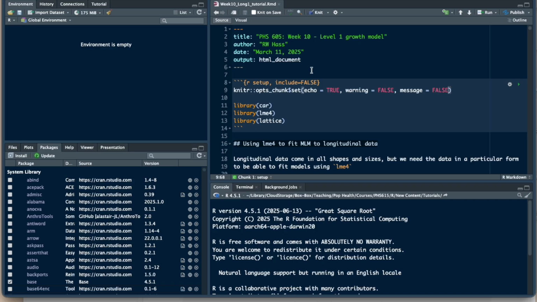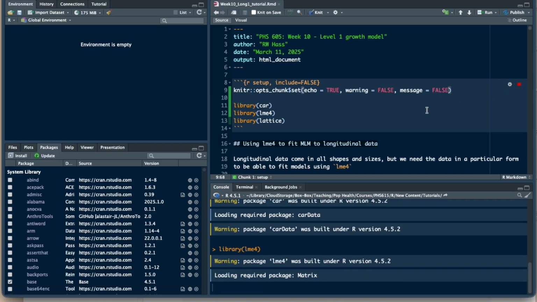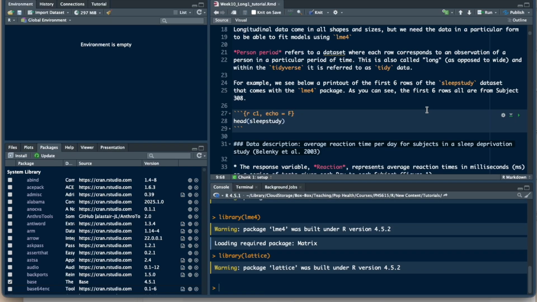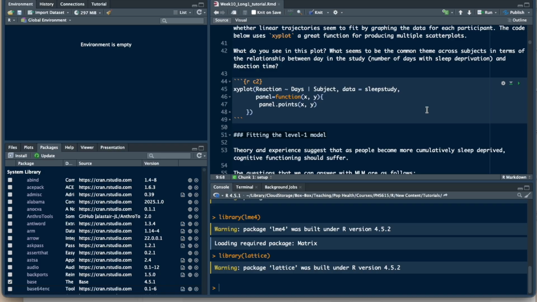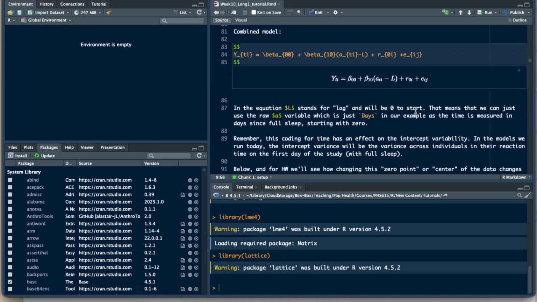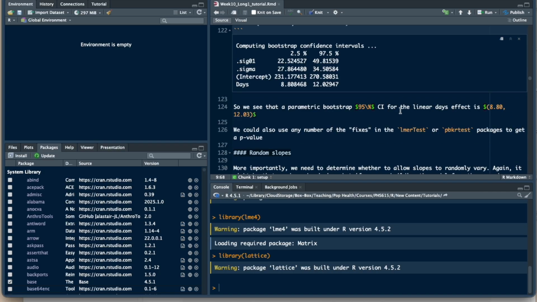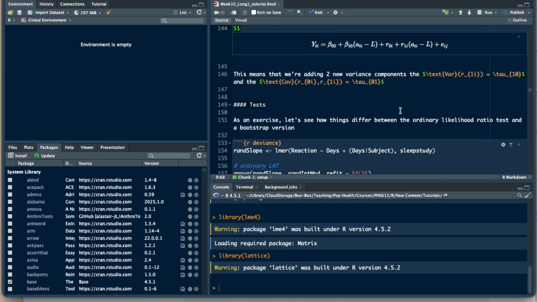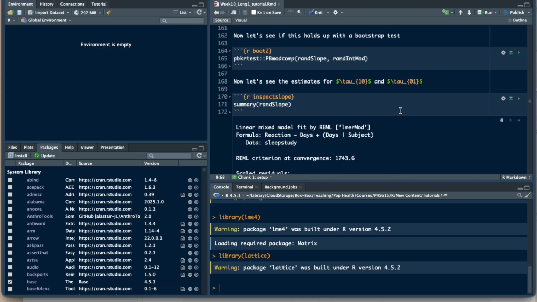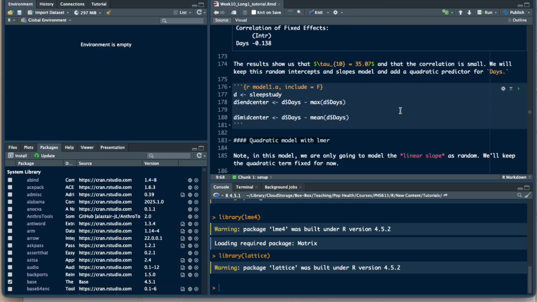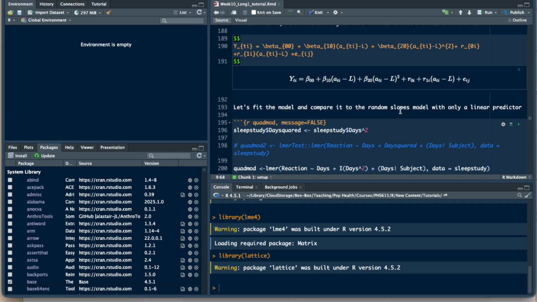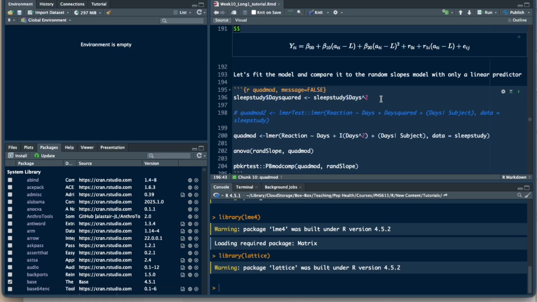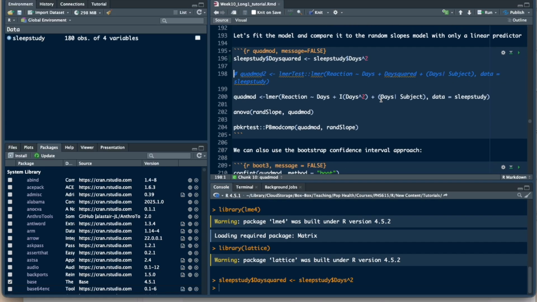So just to show you what that might look like, I'll load all the data. All the way down here. Okay, so boom.